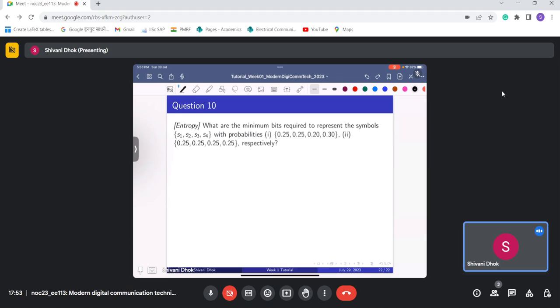So this term entropy basically gives me the minimum average number of bits required to represent some code.